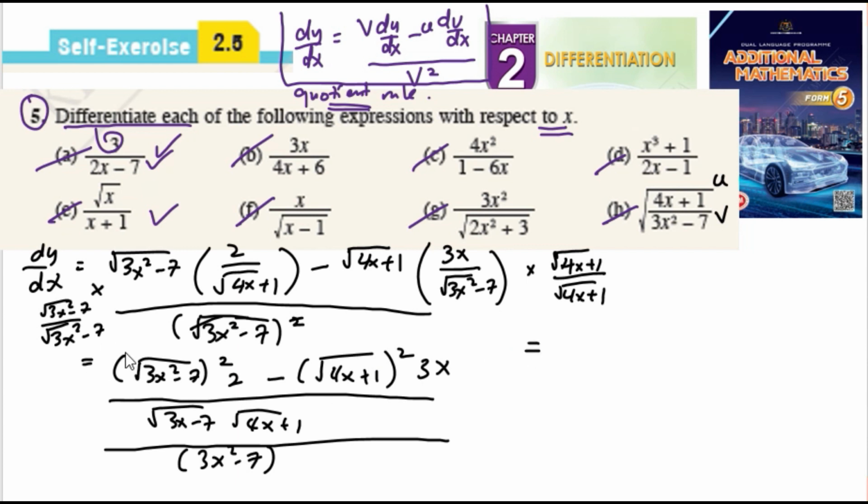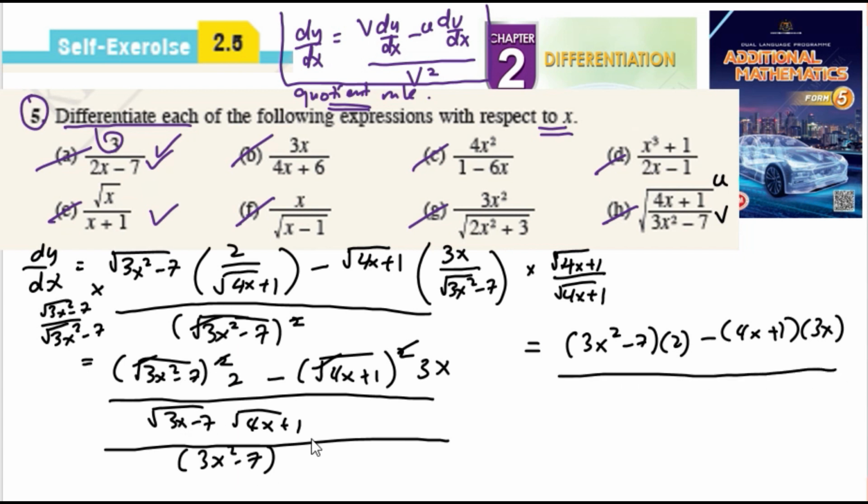Which is equal to, so we see here and square can be cut off. So here we have 3x squared minus 7 times 2 minus, so the square root and square can be cut off, so you have 4x plus 1 times 3x. So divide with, so this one and this one we can bring it down. So we have 3x squared minus 7, the square root of 3x squared minus 7, and the square root of 4x plus 1.